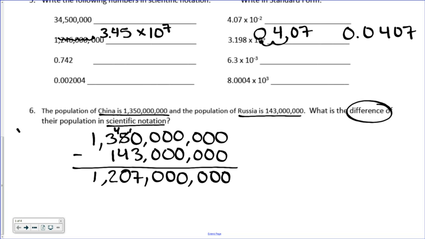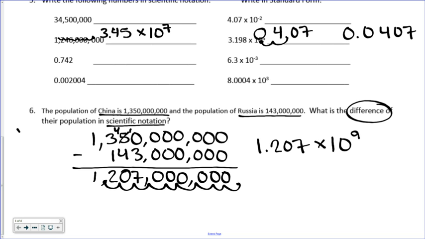We have our standard form right now. We need to change it into scientific notation. So we're going to move our decimal 1, 2, 3, 4, 5, 6, 7, 8, 9 places. And you should be left with 1.207 times 10 to the 9th.